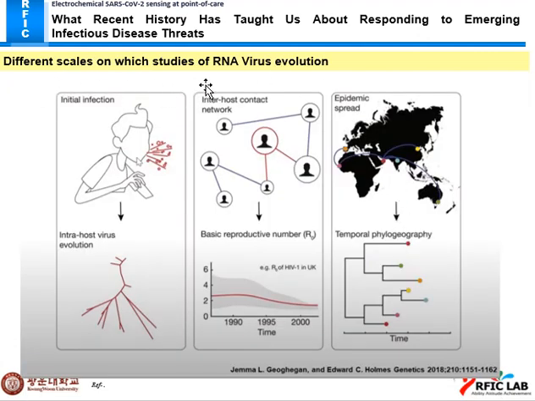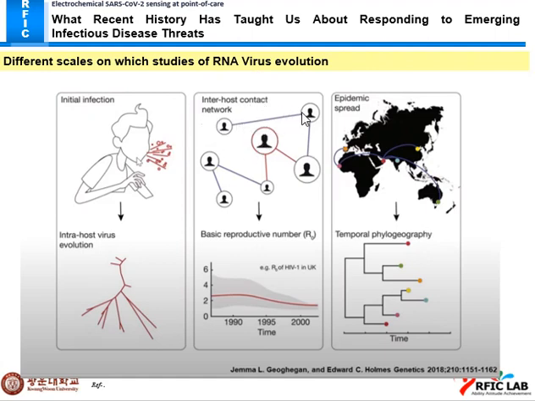Different scales on which studies of RNA virus evolution are done. So how will we check the evolution of RNA virus? There are several methods. First is initial infection, and then when any person gets infected, we check the intra-host virus evolution. Another one is the inter-host contact network.